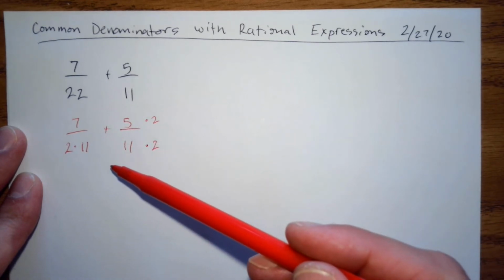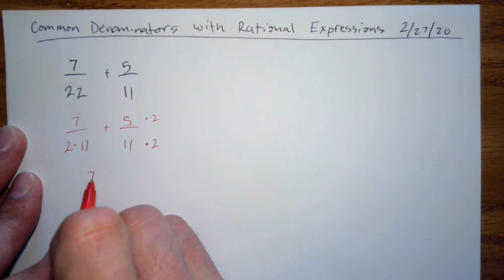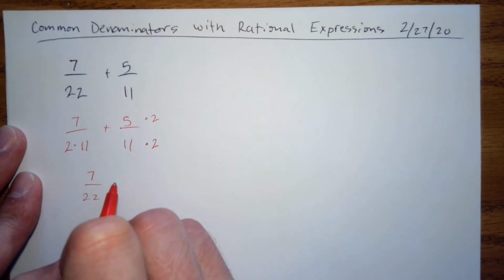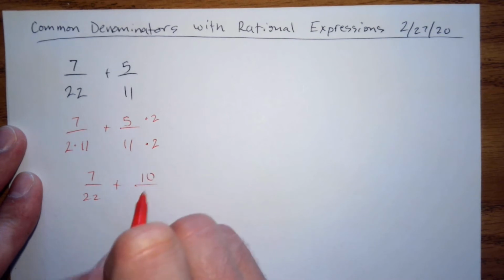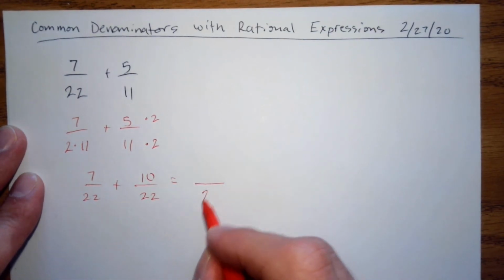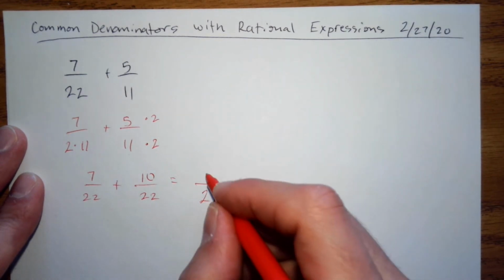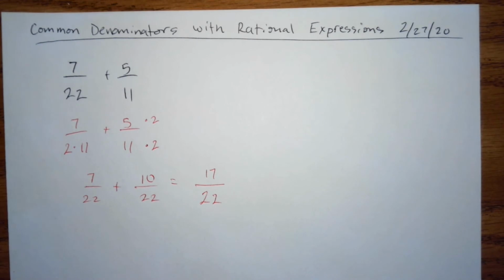And then we would have 7 over 22 plus 10 over 22. When the denominator is the same, that's just like yesterday, we can write the denominator once, and combine the top.